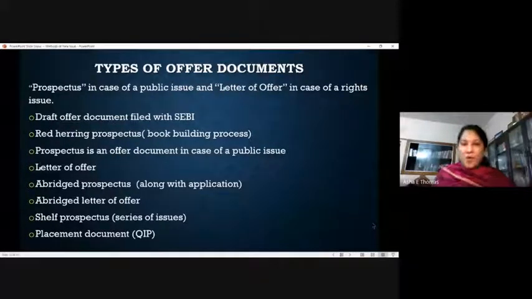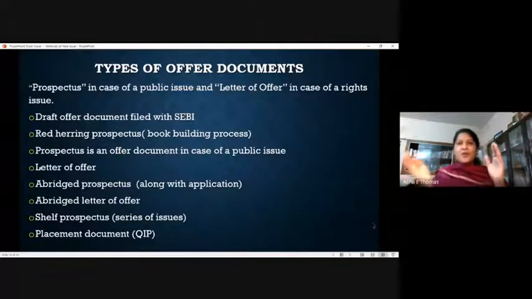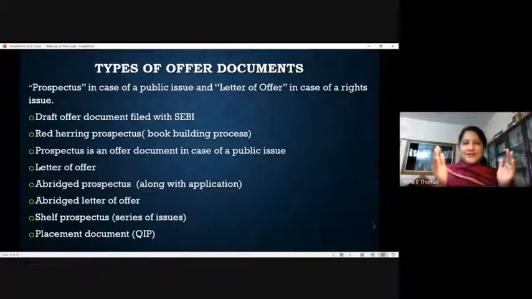Then we talked about offer documents. Broadly, they can be categorized into prospectus and letter of offer. Prospectuses are applicable in the general kind of public offers, in the general kind of issue of shares, other than a right issue. In case of a right issue, what is used is a letter of offer. Of course, then we talked about different types of prospectus, which involve the draft prospectus, the red herring prospectus filed during the time of the book building process, or the abridged prospectus, a short summary prospectus, which is given at the time of the offer made to the public.